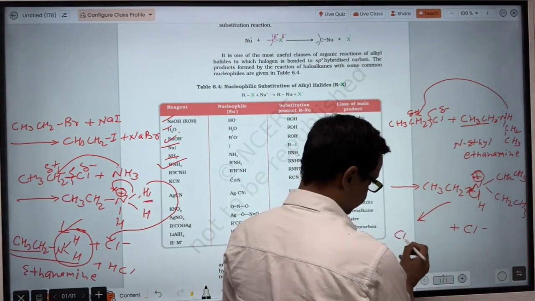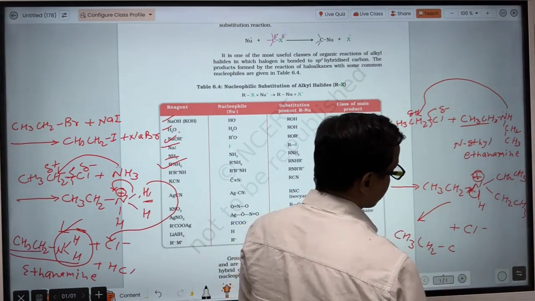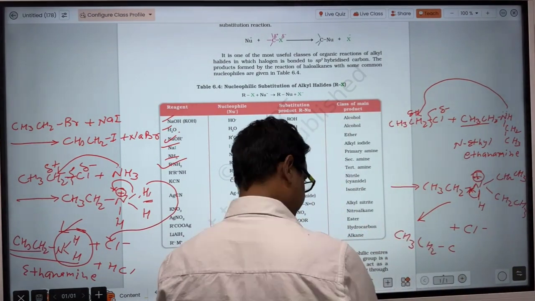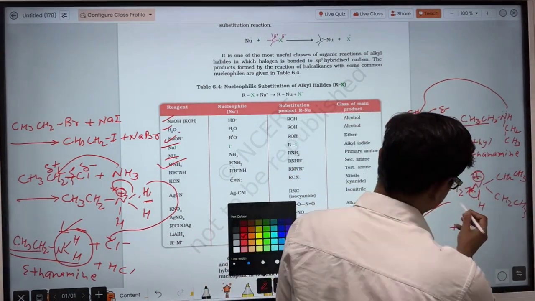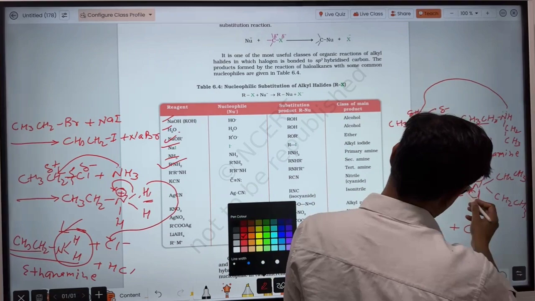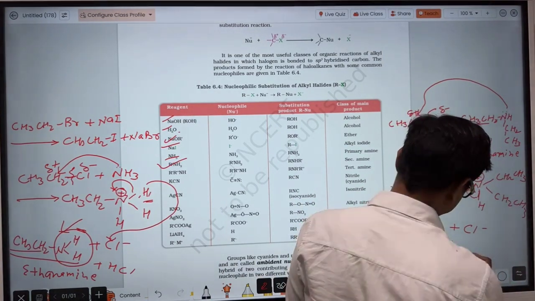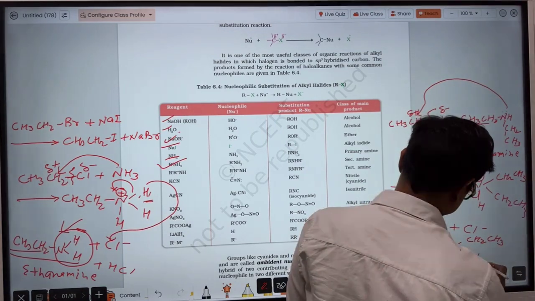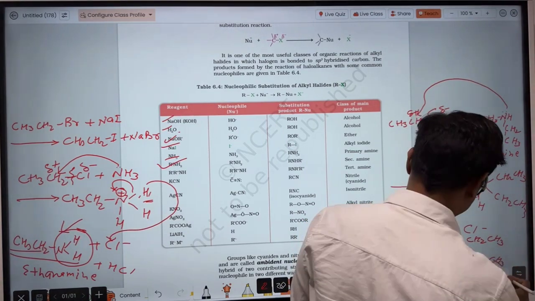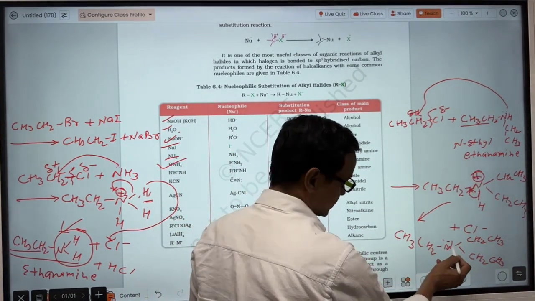So what will happen? This compound, again a lone pair of electrons will appear on this nitrogen.